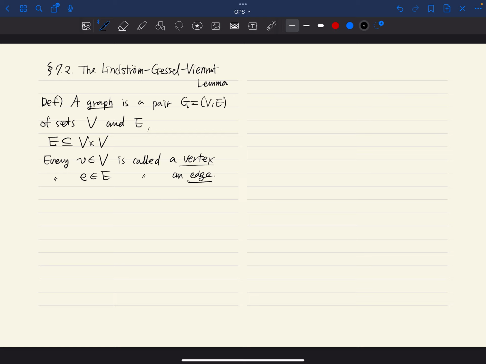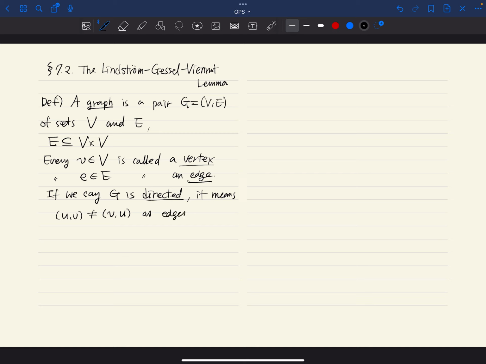And sometimes when we say this, usually it's undirected, but if we say G is directed, it means we treat UV differently from VU as edges.